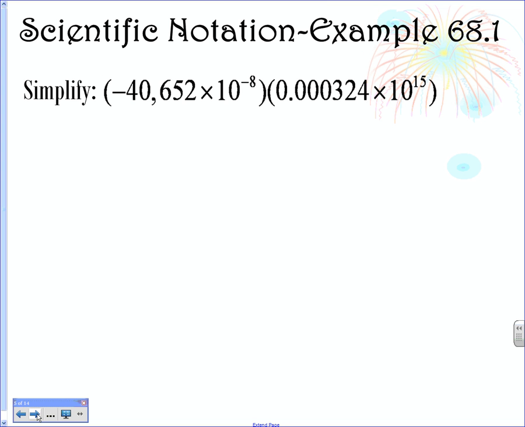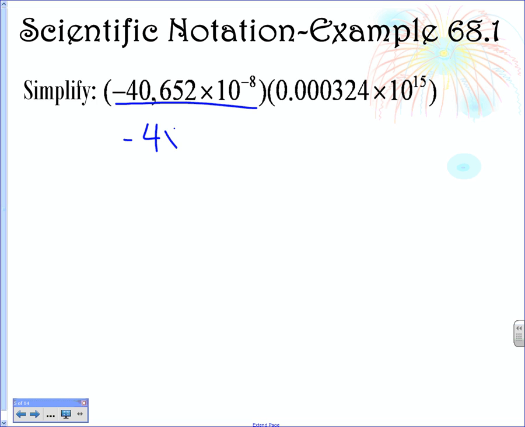So let's look at an example. We want to simplify this. So what would we estimate this number to be?